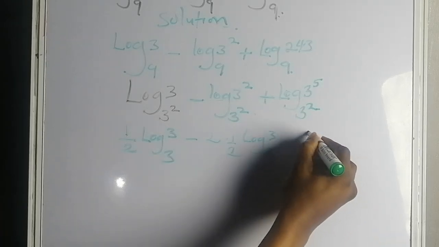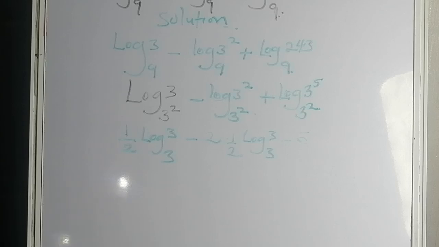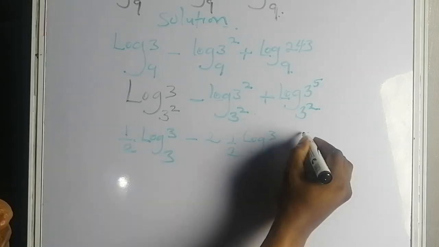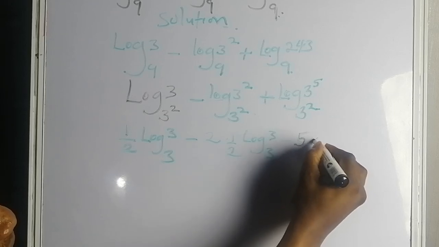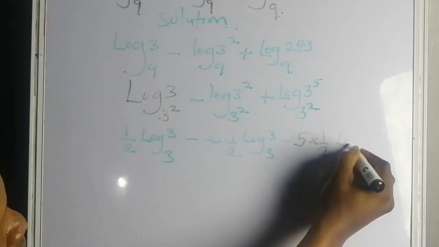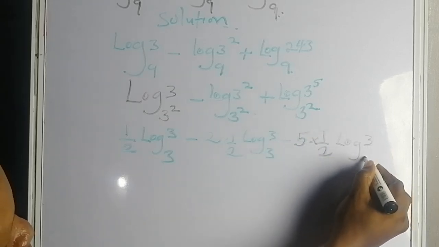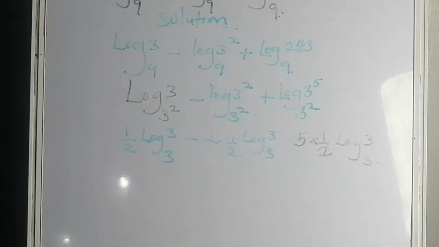The same thing applies here: you have 5 times half log 3 base 3. So you can see that I've been able to achieve the same number as the base number.